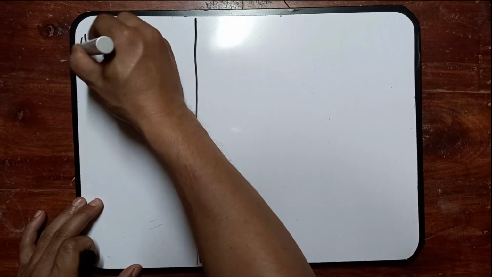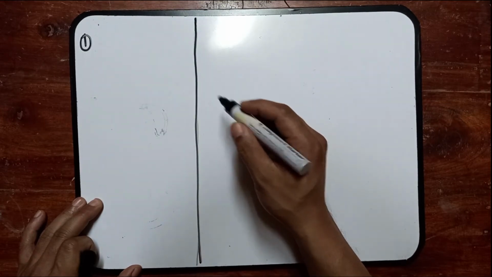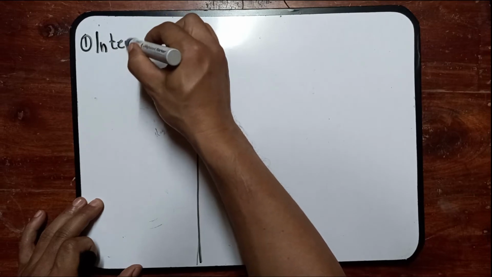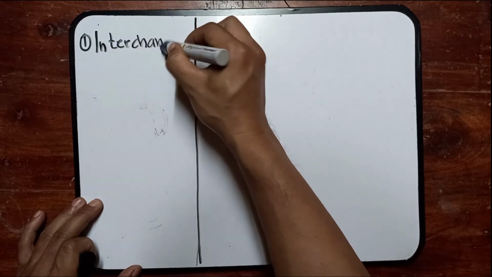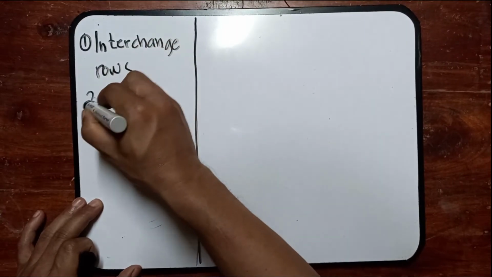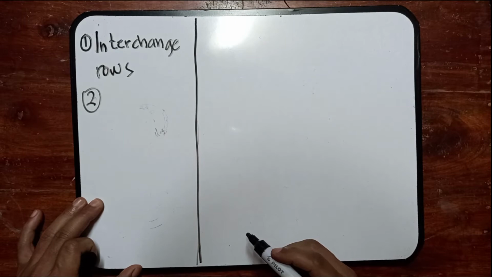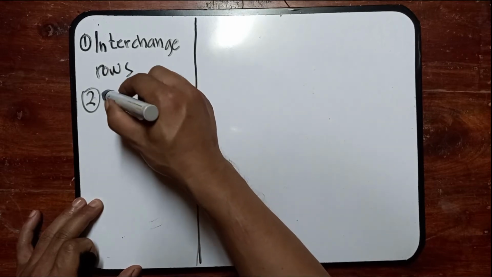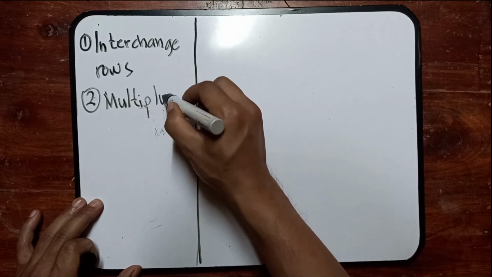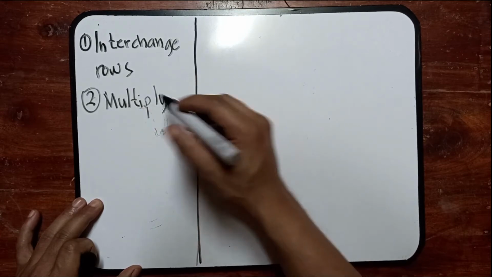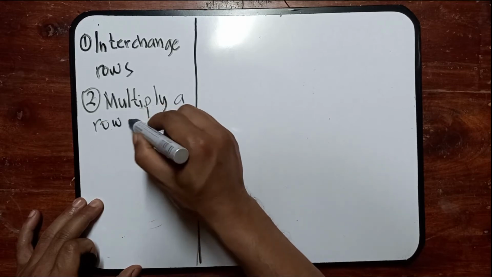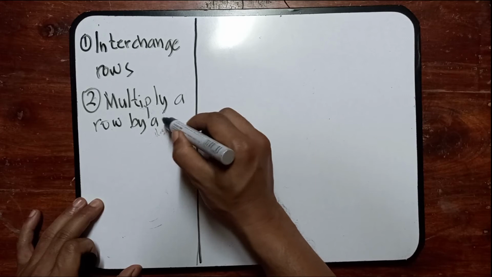So the rules are: number 1, we are allowed to interchange rows. And number 2, we can multiply a row by a constant.